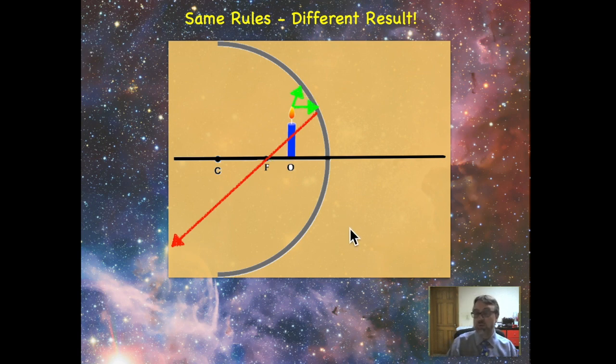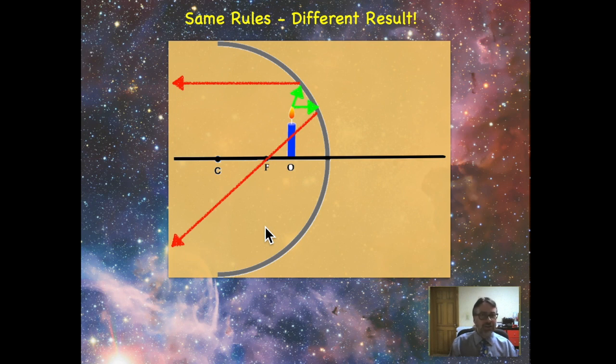Now, I know from rule number 2 that that ray will reflect back parallel to the principal axis. So here I have my 2 incident rays. Here I have my 2 reflections. And they do not cross, unlike the previous example when the object was far away. But this is very similar to the situation we had with a flat plane mirror.